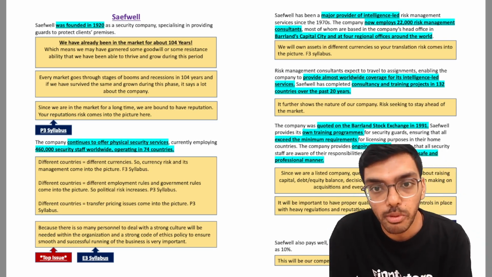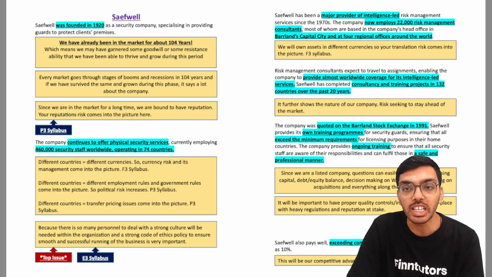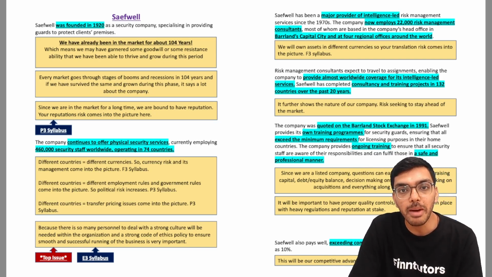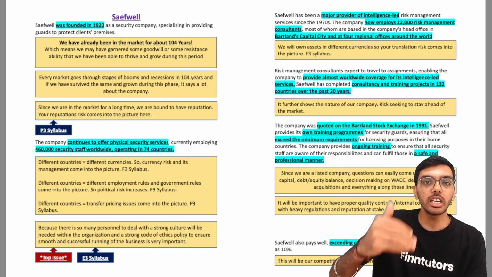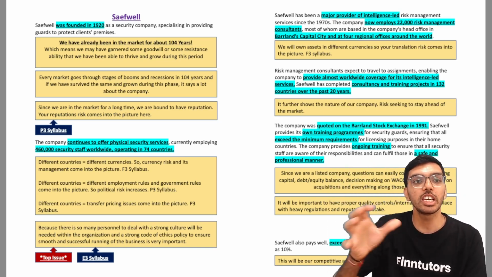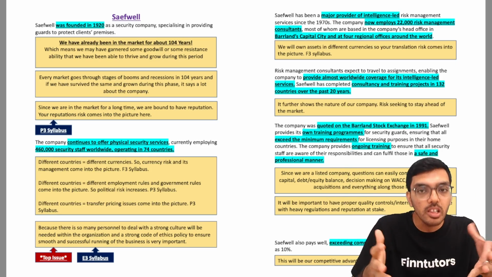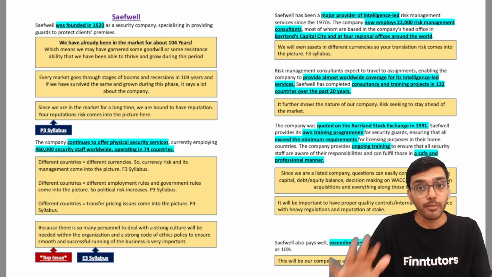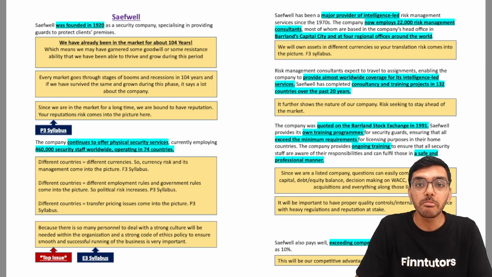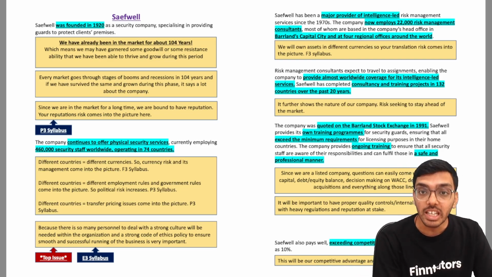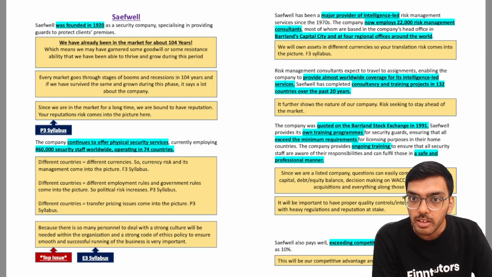Let's continue. Saefwell has been a major provider of intelligence-led risk management services since the 1970s. So from 1920 to 1970, majorly we were focusing on physical security. From the 1970s, we have become a major provider of intelligence services as well.